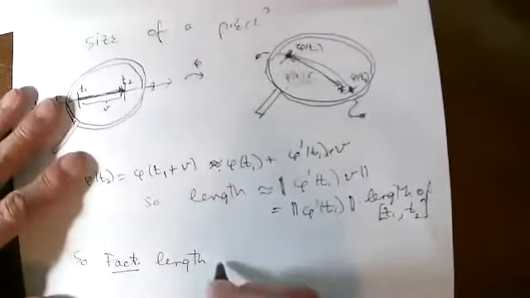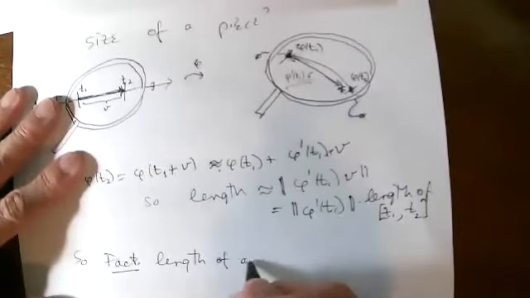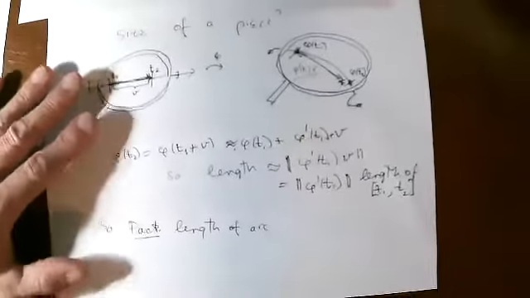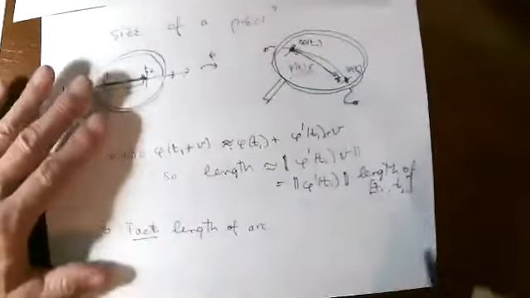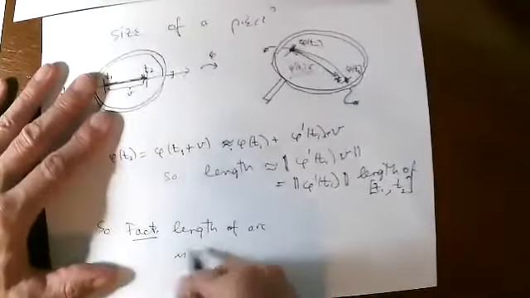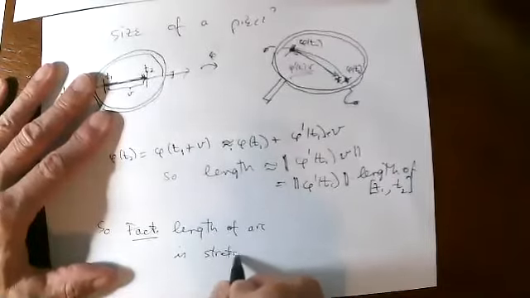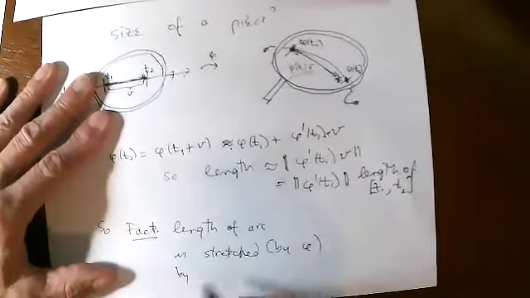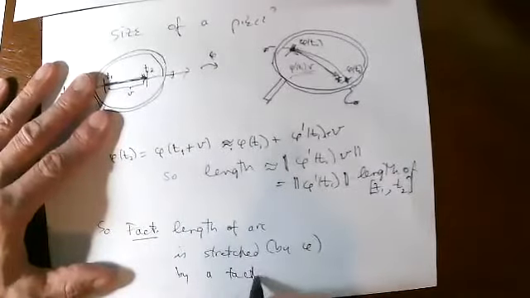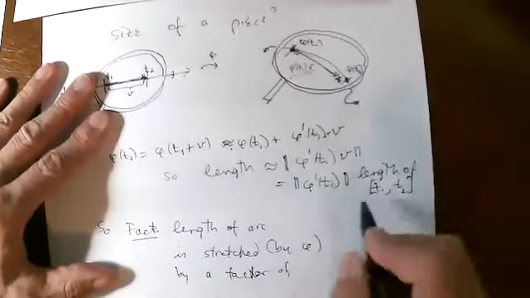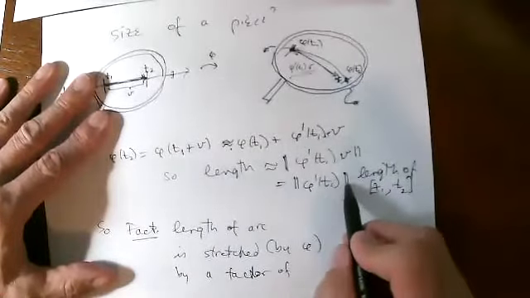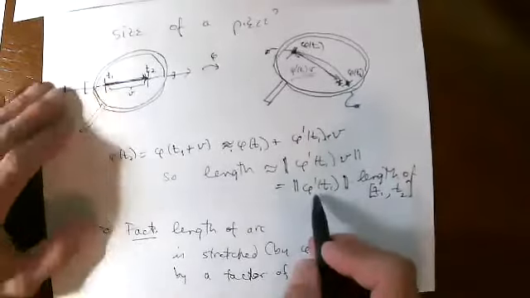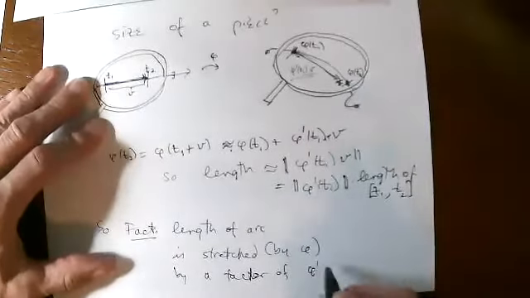And our formula is that the length of this little piece of the arc, the little piece of this curve that I split up in the first place, is stretched by phi by a factor of this number right here. It's the magnitude of this vector phi prime of t evaluated at the point t1.